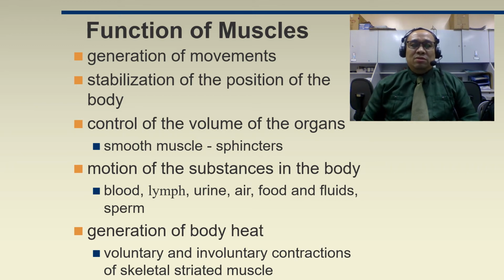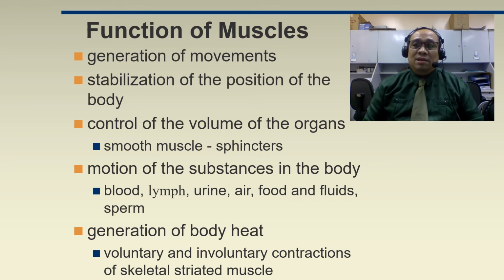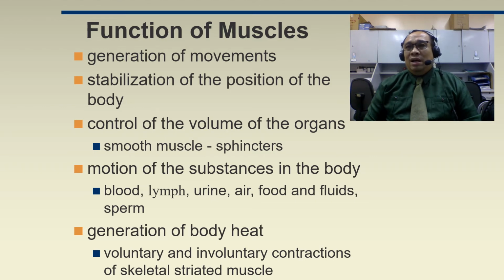Muscles also contribute to the stabilization of the position of the body. They maintain the right posture as well as keeping the body in what you may consider a healthy tone or the ideal tone. Muscles also control the volume of certain organs.